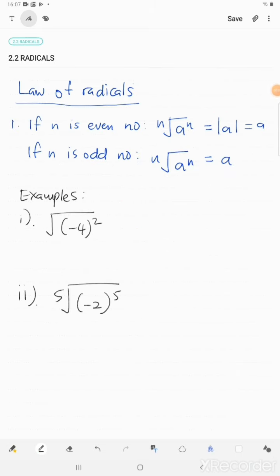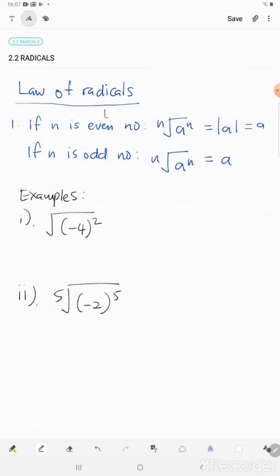This is the law of radicals. Number one, if n is an even number, when we have the nth root of a to the power of n, it is equal to the absolute value of a. So what is an even number?